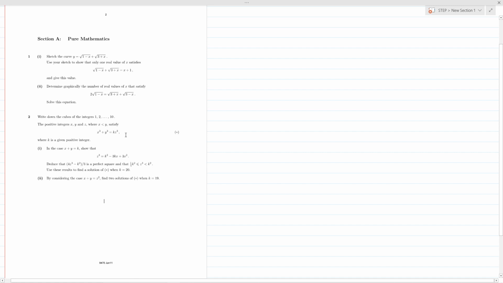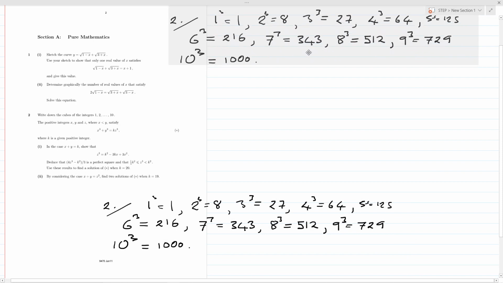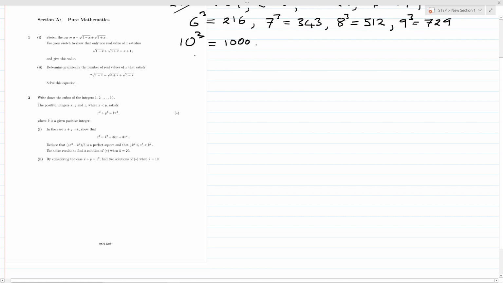So at the beginning I'm just going to paste these cube numbers, and maybe we'll be leaving them later. So let's have a look at part 1. We have to show that, well, assume first that x plus y is equal to k, and that z cubed is equal to k squared.